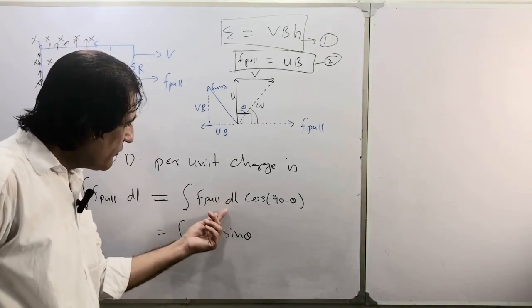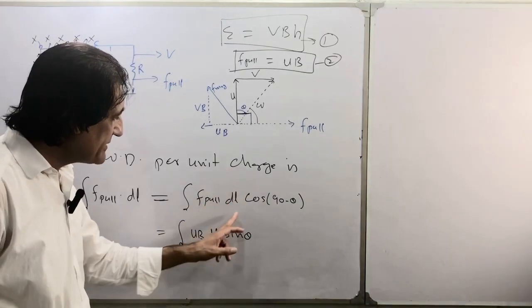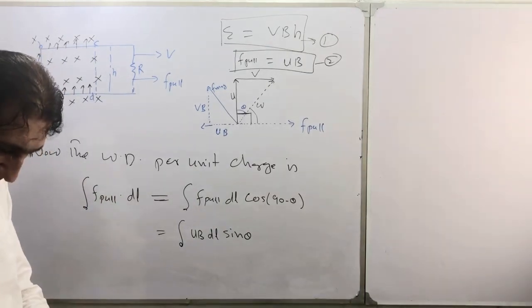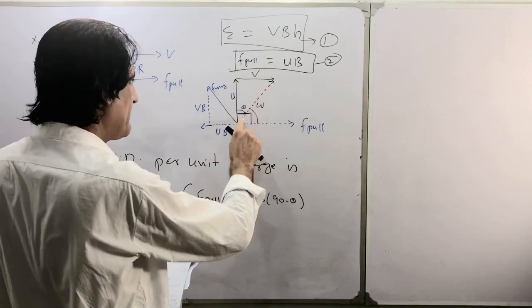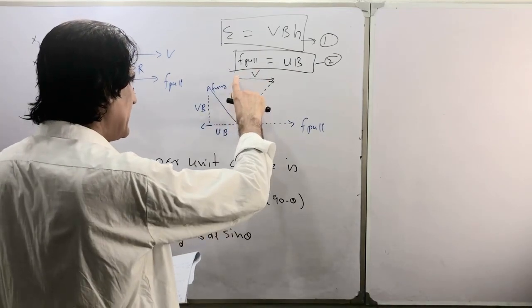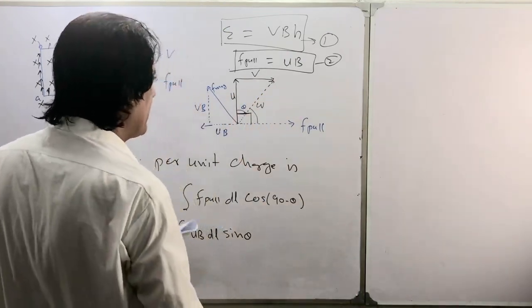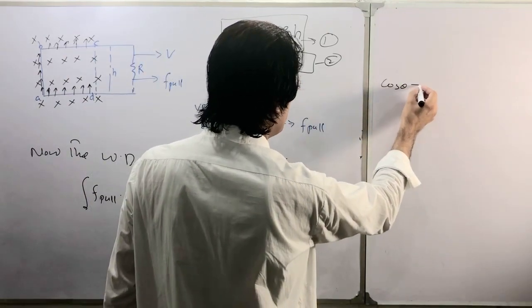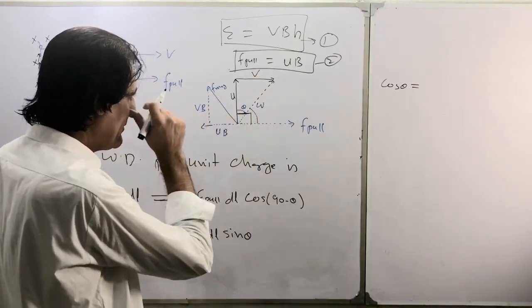Now, what is DL? This is important, how we can calculate this DL. DL can be calculated using this angle from this triangle. From this triangle, this is the actual length and this is the length when it is moving. So from this triangle, cos theta is the base divided by hypotenuse.